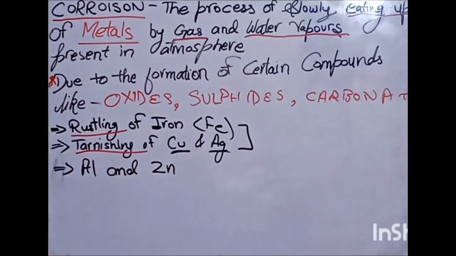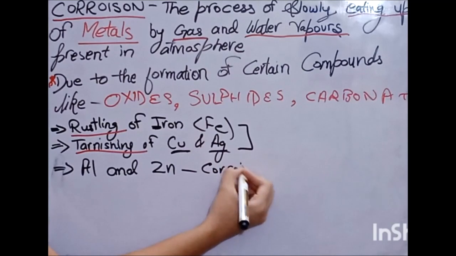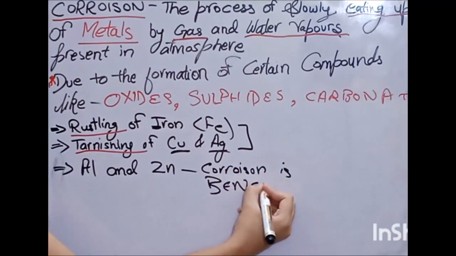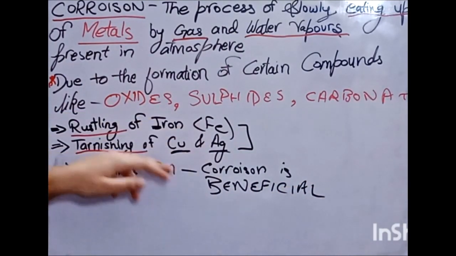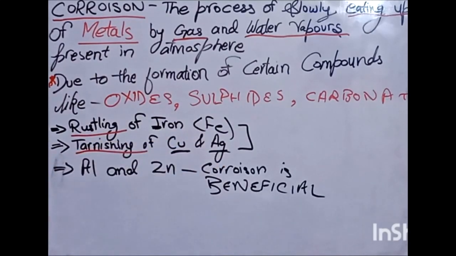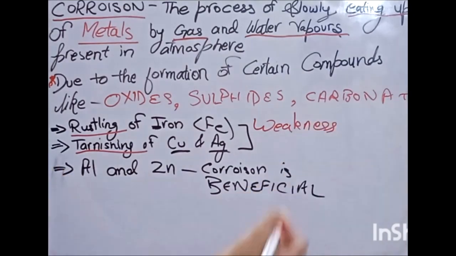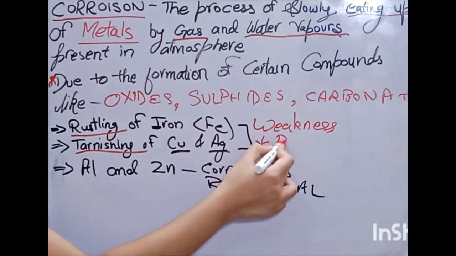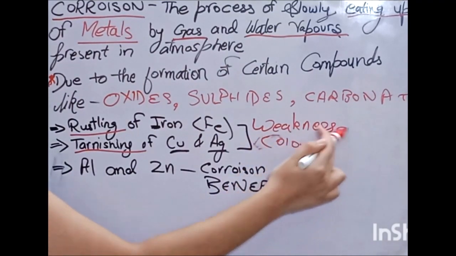Corrosion happens in these also, but for these corrosion is beneficial. Mind my words, it's beneficial. हमने क्या कहा कि silver, copper and iron, when corrosion happens in these three metals, it leads to weakness, weak हो जाते हैं, right? That is what it is. Color discoloration होता है, you can write color. So these are the disadvantages.